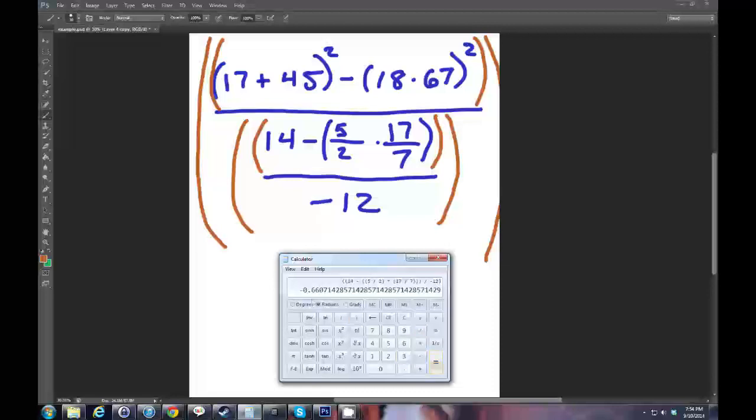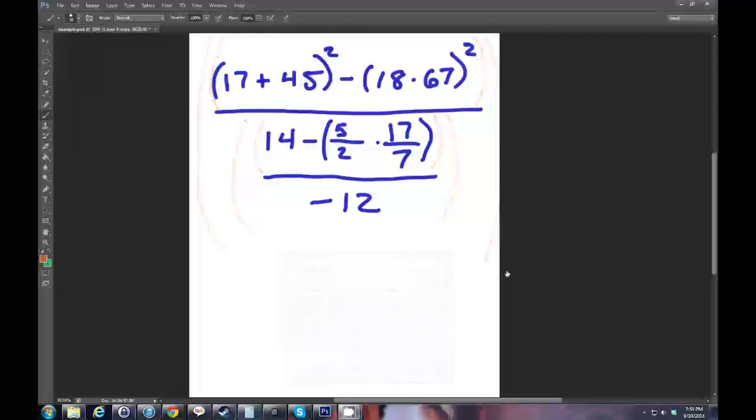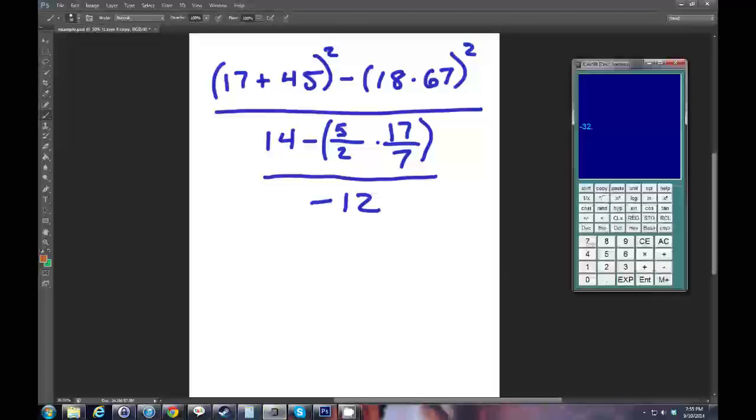So that's what the bottom part equals. I don't know about everyone else, but that was so many parentheses, I had trouble keeping track. Honestly, I think my soul died a little bit on the inside.